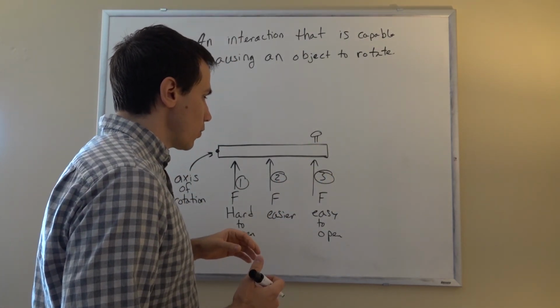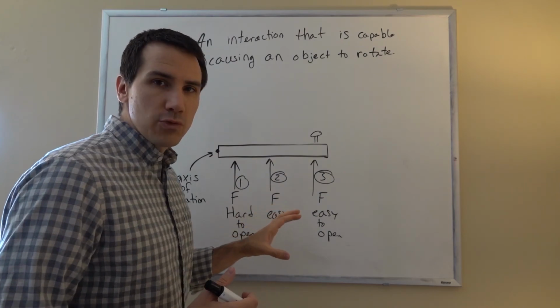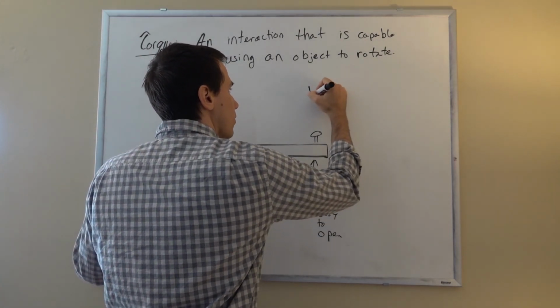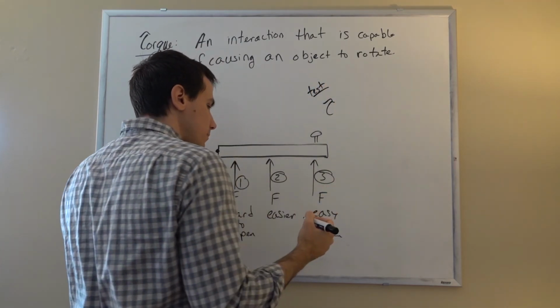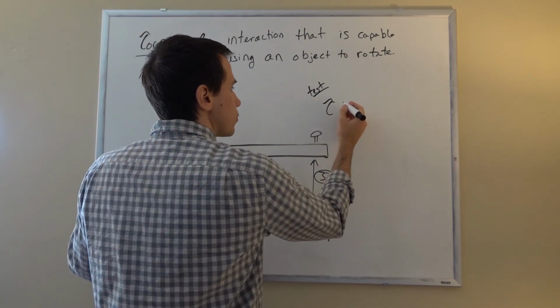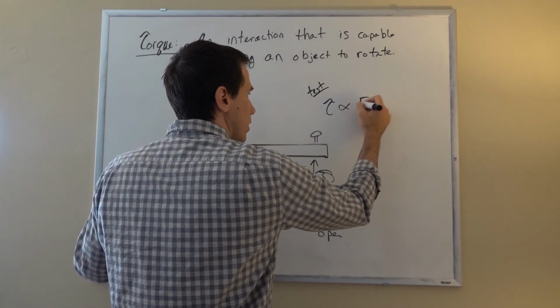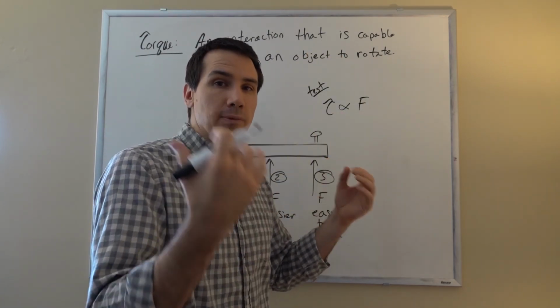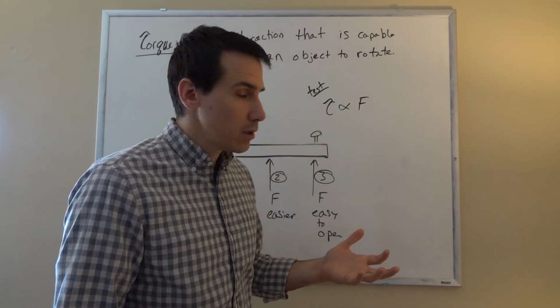Okay, so what we can do now is we can try to write a sample test function for torque. So let's say torque should be proportional to how much force you apply. So if I push really hard, I should be able to get the object to rotate more.